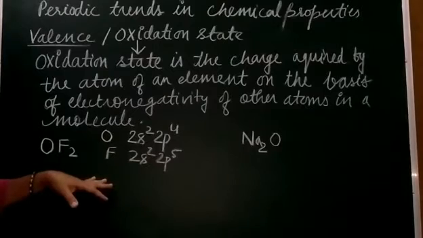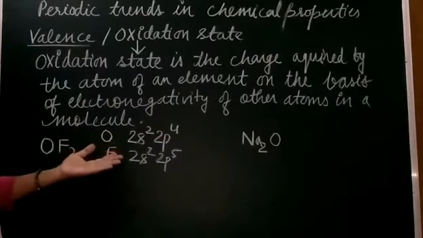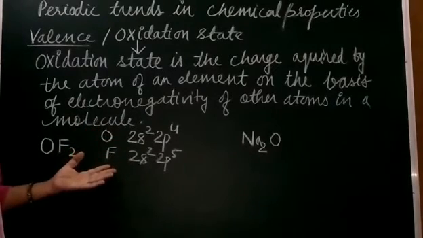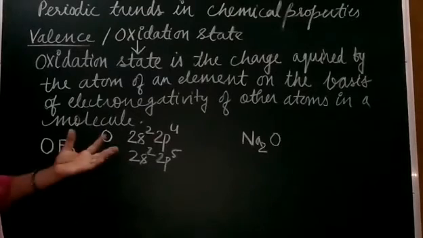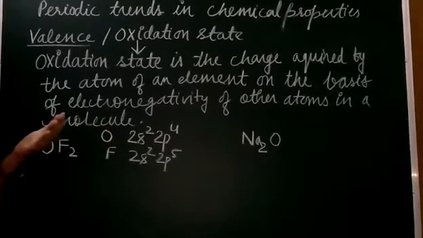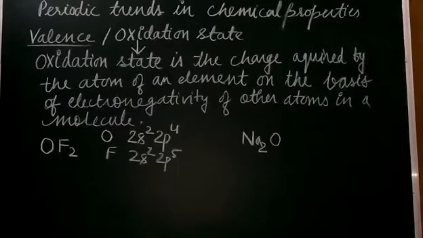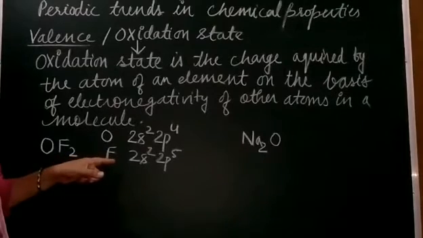And definitely the nuclear charge of fluorine is going to be very high. So if we compare the electronegativity of oxygen and fluorine, fluorine having greater nuclear charge with respect to oxygen will have higher electronegativity.